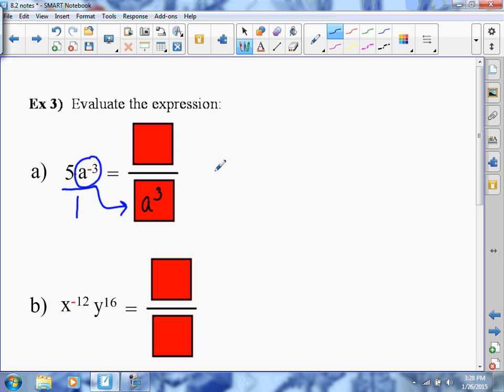That negative goes away. And this 5 is just going to stay here in the numerator. So now I have 5 over a to the 3rd. I can't do anything to the 5, and I can't do anything to the a to the 3rd. So that's my answer. All I had to do for that one was to move the negative exponent so that I have an expression that has all positive exponents.